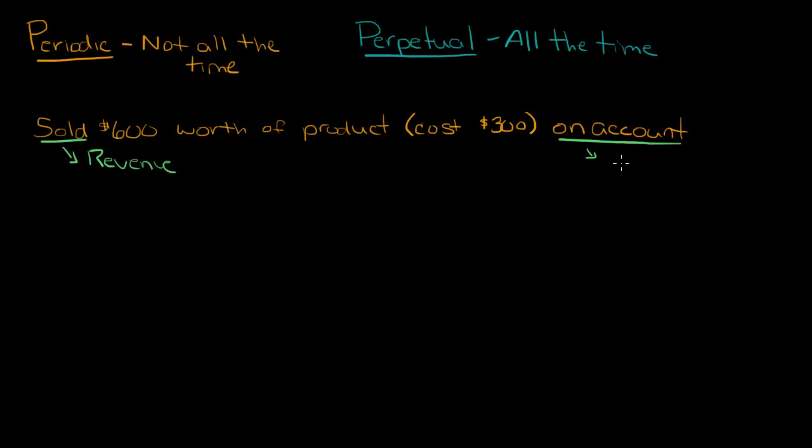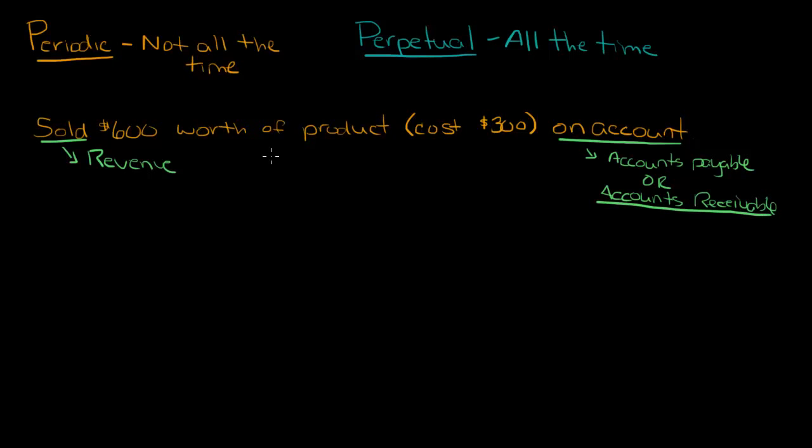So whenever you see on account, you're thinking either accounts payable or accounts receivable. In this case, because we sold something, we are going to end up receiving, so we're going to use accounts receivable.